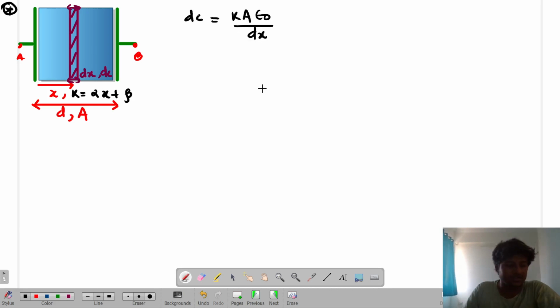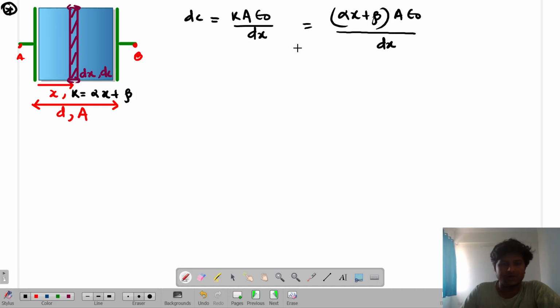That's my dC, isn't it? So what I can get over here is dC equal to (alpha x plus beta) into A epsilon naught divided by dx, isn't it?